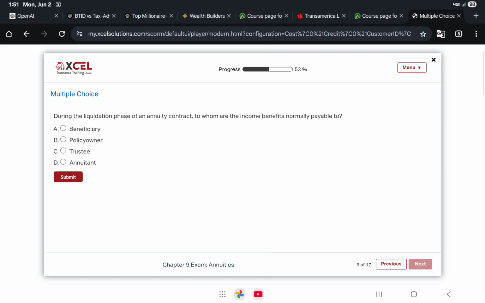During the liquidation phase of an annuity contract, to whom are the income benefits normally payable to? Again, this is a retirement plan, not an insurance policy. And the reason why that's important is because sometimes people might automatically think beneficiary, because in an insurance policy, the beneficiary would receive the payments.